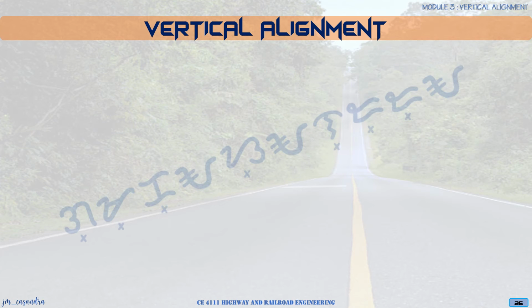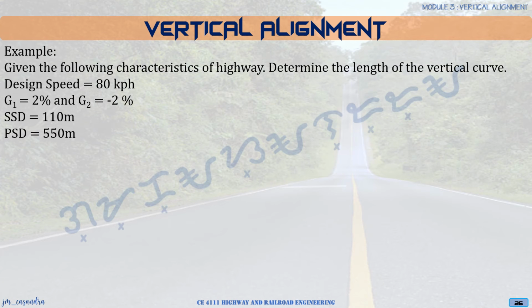To understand the applications of sight distances to our vertical curves, let us solve some examples. So we have example 1. Given the following characteristics of highway, determine the length of the vertical curve. We have the design speed at 80 kph, initial and final grades at positive 2% and negative 2%.